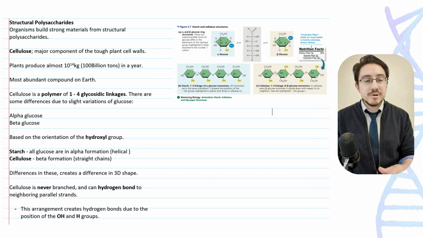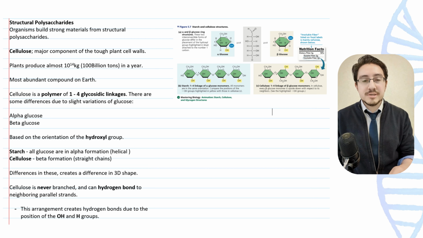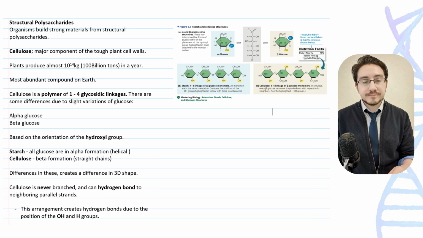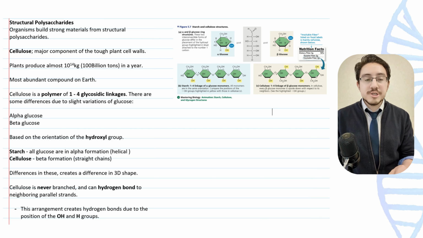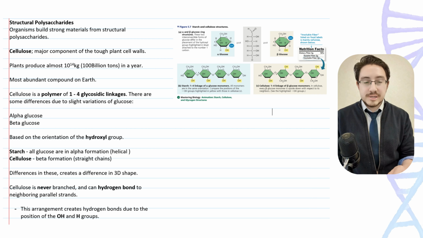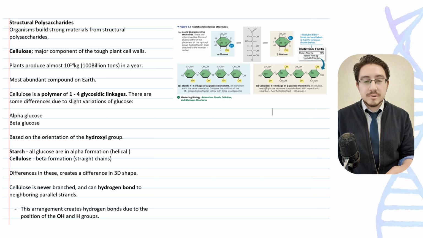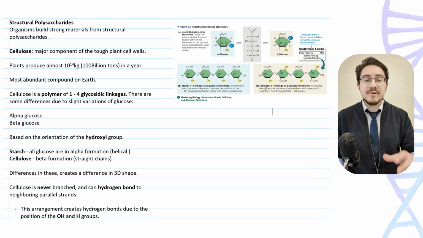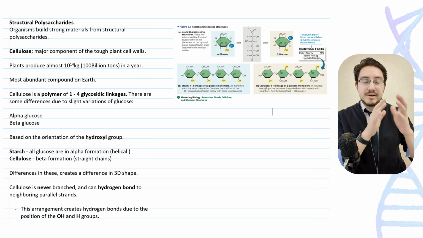Just to show you a visual here, let's say you have this carbon chain of this 6-carbon compound of glucose. It can change into this orientation of alpha glucose, or it can change into this formation of beta glucose, where you have this OH group in a different orientation.